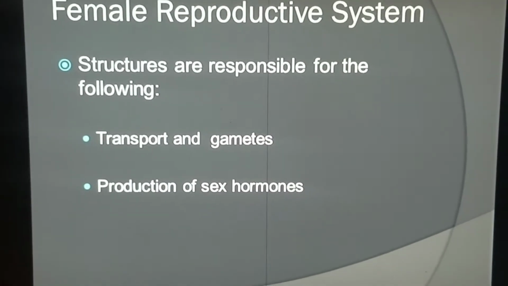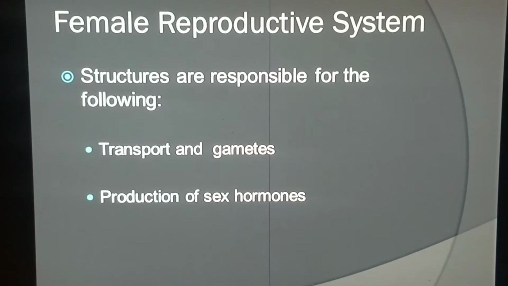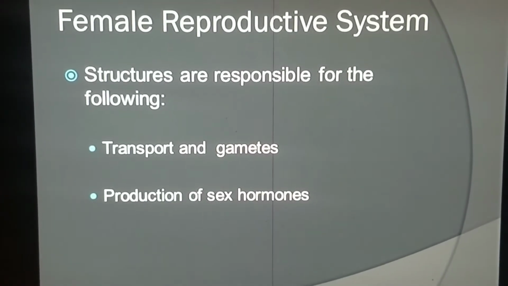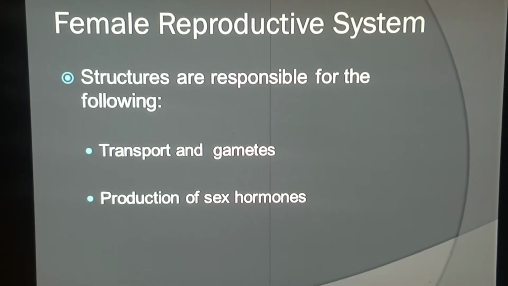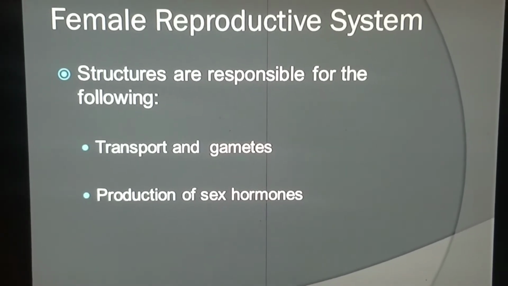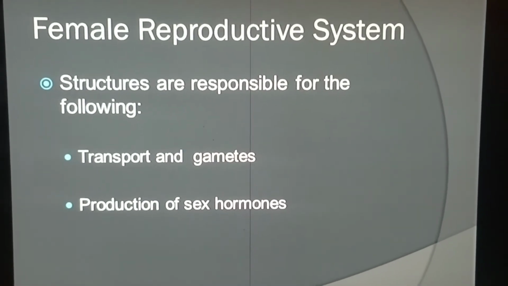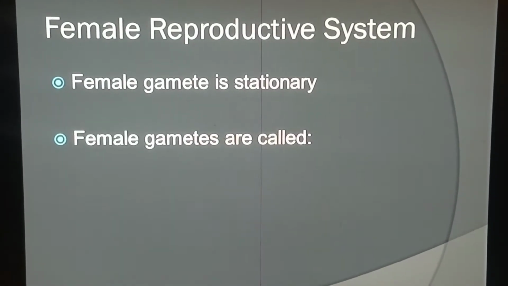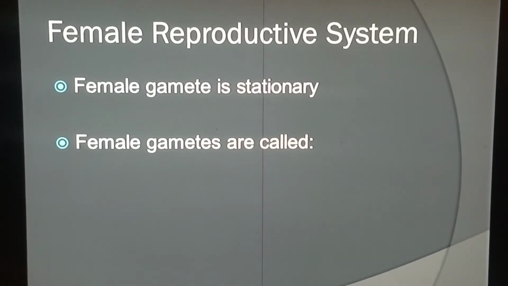Now, the reproductive system does a few main things. It transports the gamete from the point of production to where it is needed, and it is also responsible for the production of sex hormones. The gamete is stationary, and the female gamete is called what?